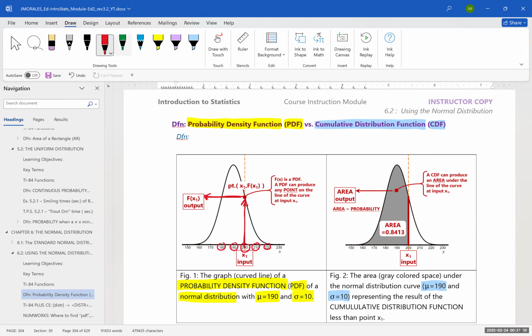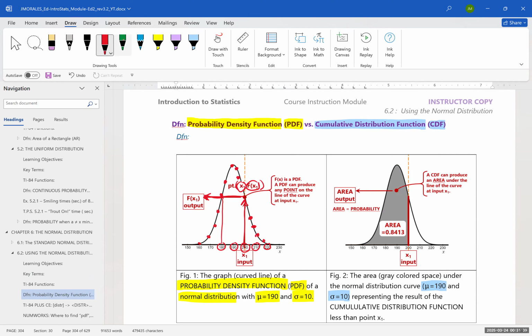So every value of x that I put into it is going to give me a value of y coming out. And this creates a set of ordered pairs, or a set of points. So a PDF is a function that will give me any point on the curve that I want. I can just put in some value of x, put it into the equation, and get a value of y out of it.